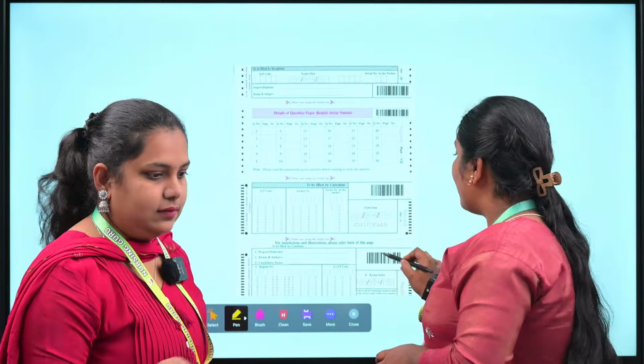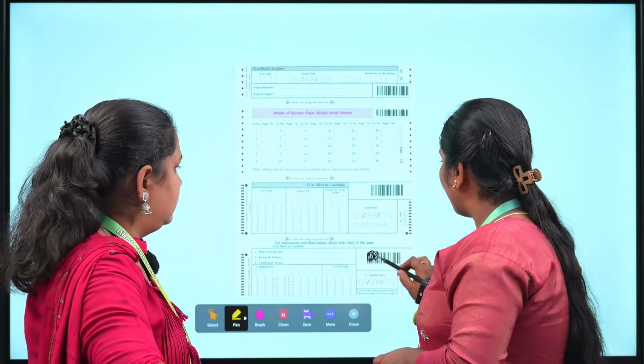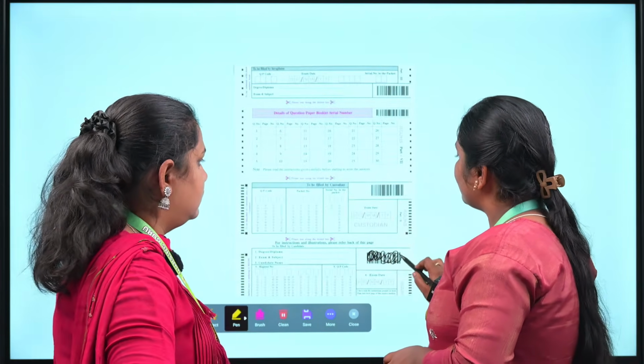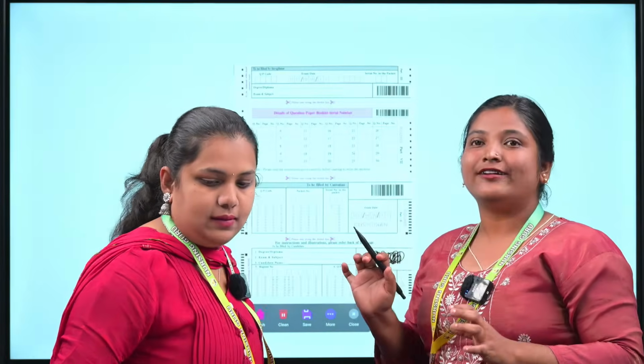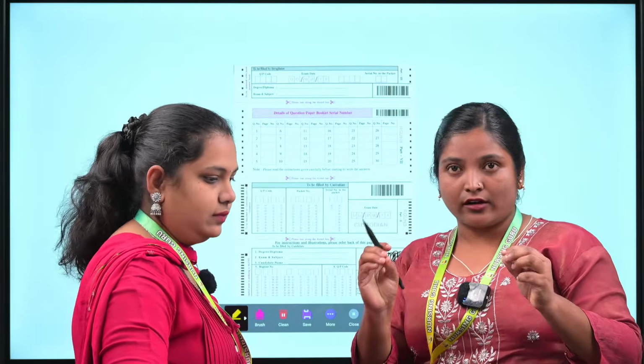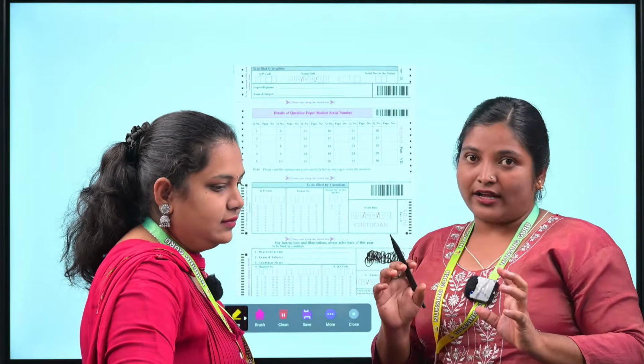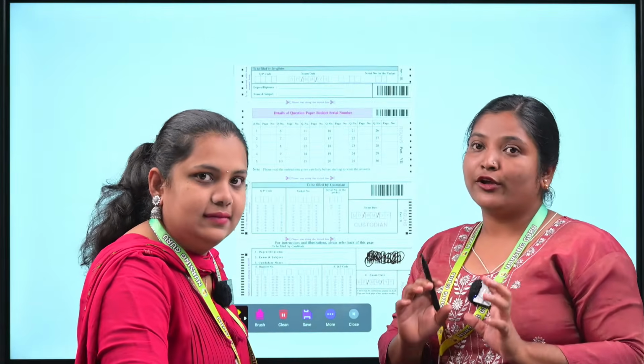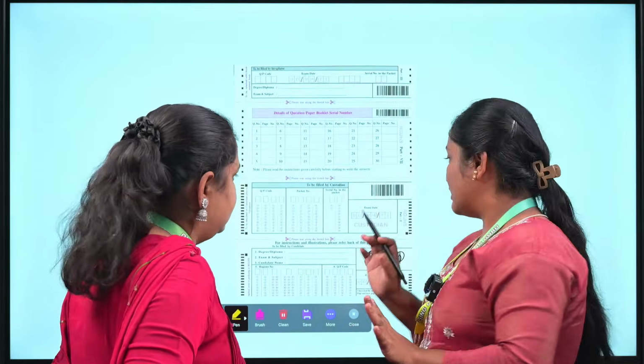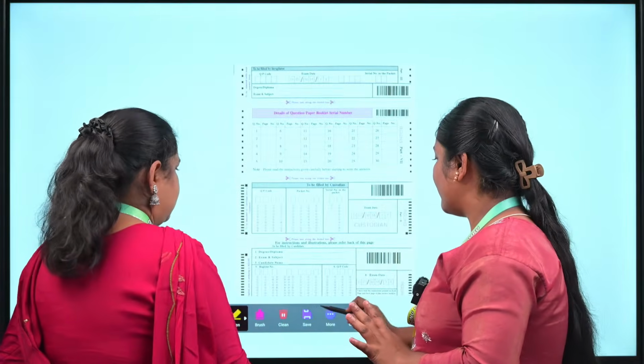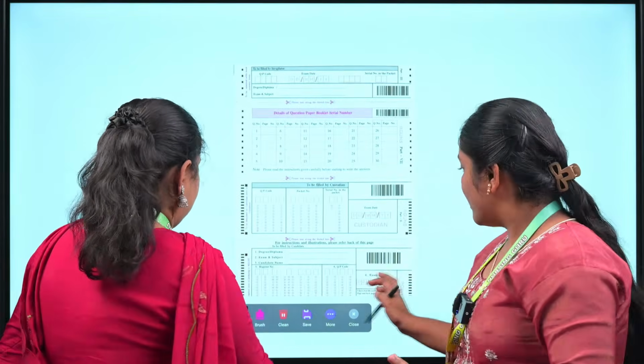Some people, when they don't know the answer, do extraordinary things like this. You should not tamper with anything or tear the barcodes, otherwise your paper is not going to be scanned. That is why you should not do this kind of thing. Hope you understood.